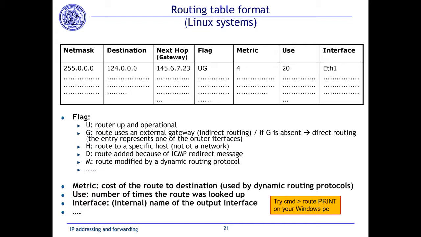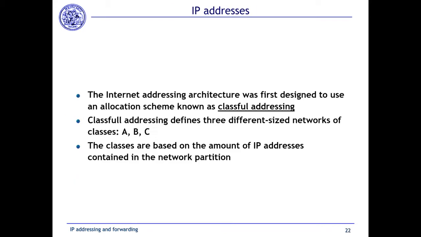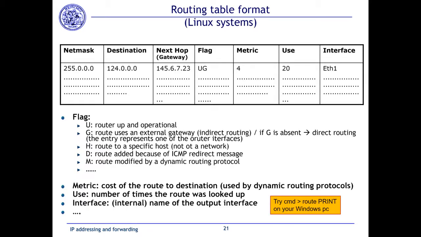And you can display the same routing table also if you have a Windows system. There is the command route print that allows you to look at routing tables inside your system. So this is basically the part dedicated to the forwarding mechanism.